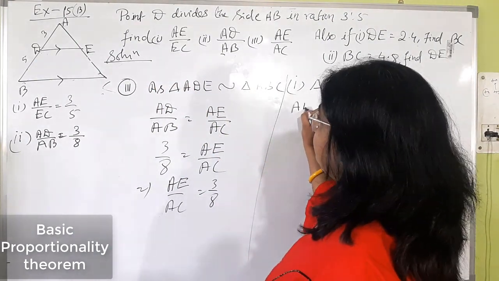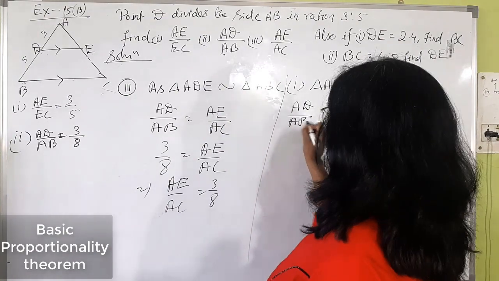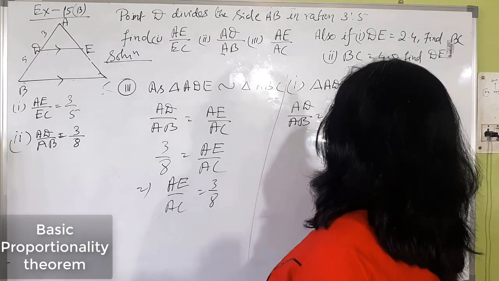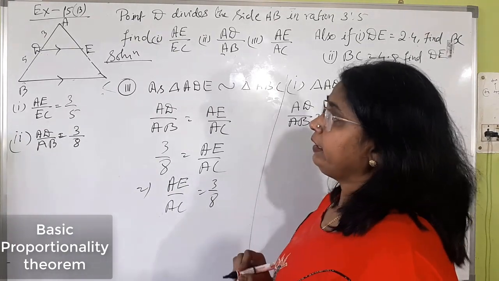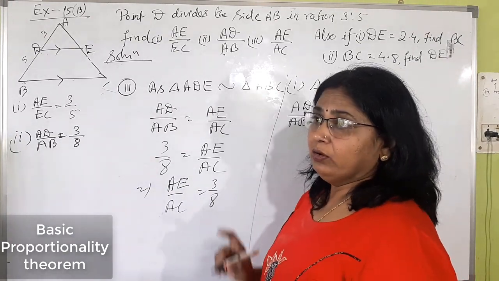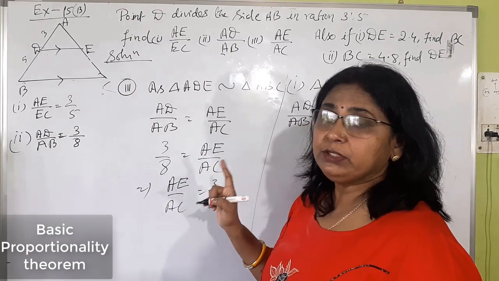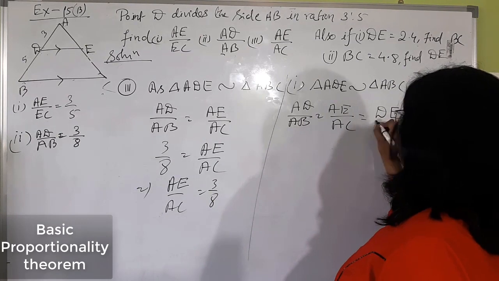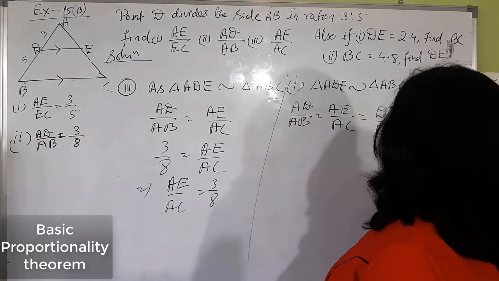AD by AB is equal to AE by AC is equal to DE by BC. All sides are proportional to each other.